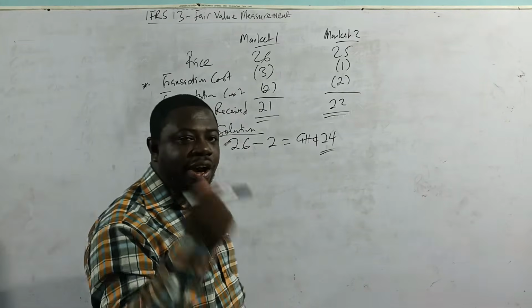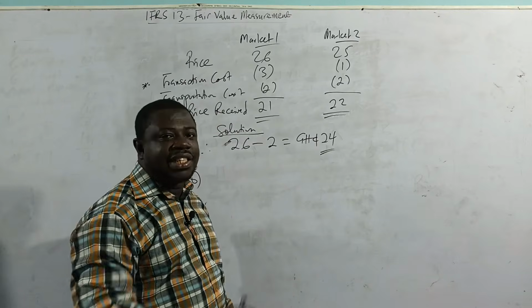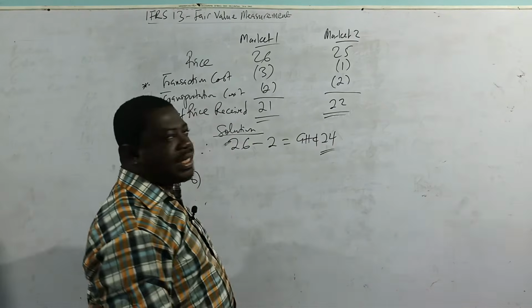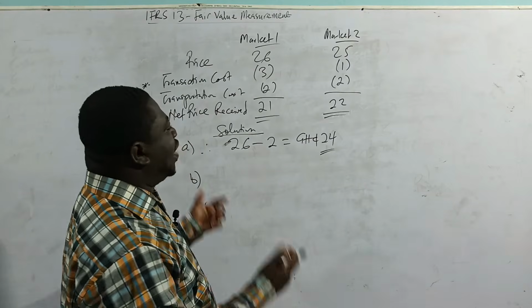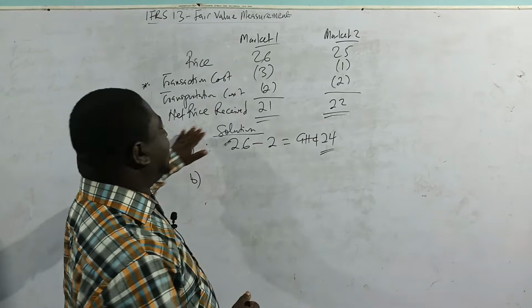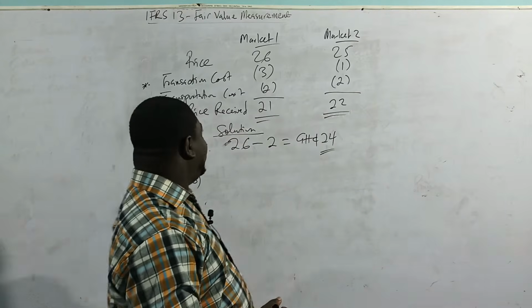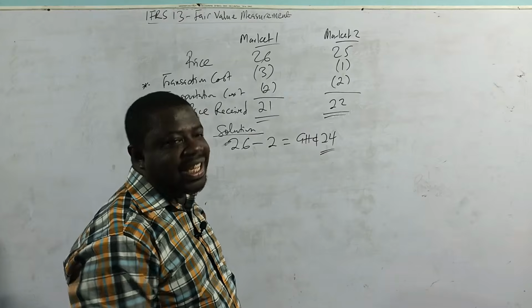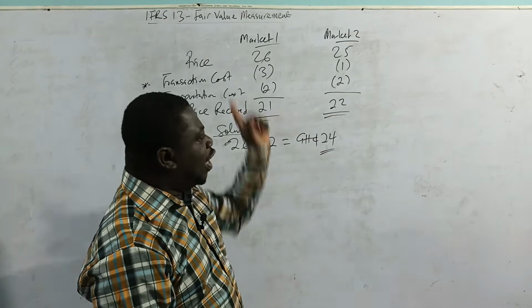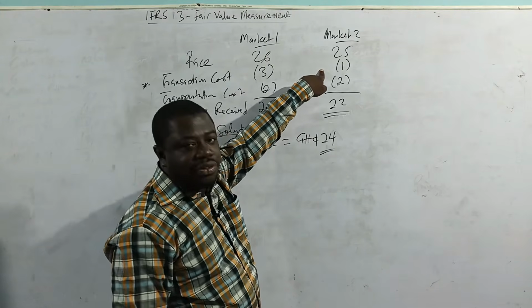So therefore, the rule in IFRS 13 is that where there are no principal markets, valuation should be based on the most advantageous market. And the most advantageous market is the market that gives us the higher net price received. So therefore, market 2 is now the most advantageous market. Still, when we are doing the valuation, we are not going to include the transaction cost.